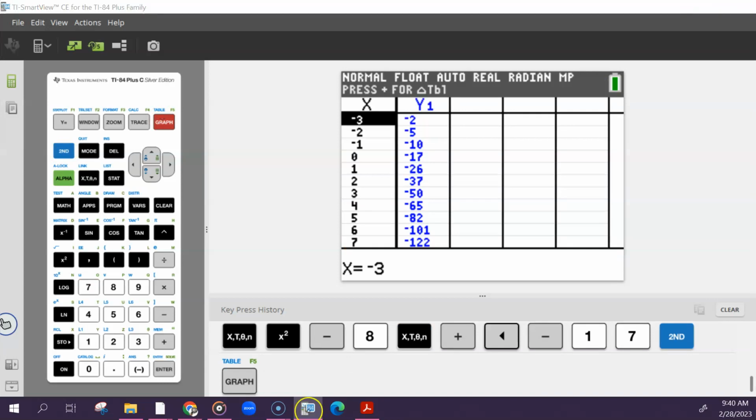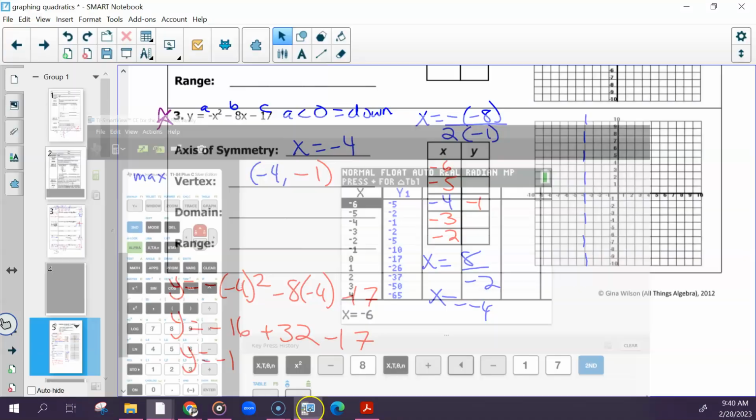We're looking for when x is negative 4. Very close. Fill in your missing values. So negative 5, negative 2, and then it repeats.